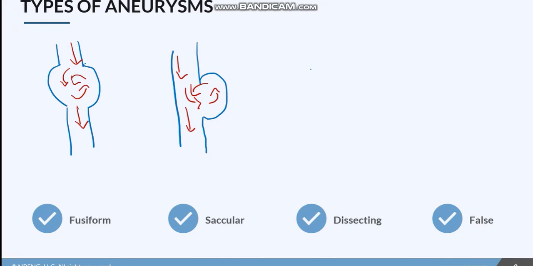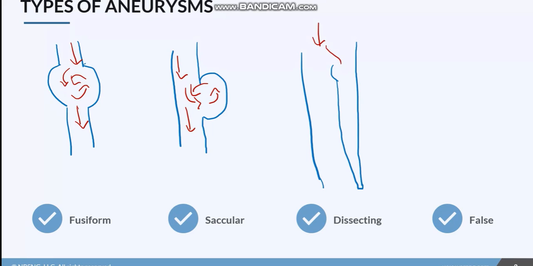The third type of aneurysm is a little different. It's called a dissecting aneurysm. And what happens is that this pressure is so high that it actually causes a tear in the medial layer of the vessel and causes it to start pulling away from the outer layer. So when that happens and the blood flow starts to come in to the artery, it actually gets diverted and it gets stuck here in between the medial layer and the outer layer in what we call a false lumen.